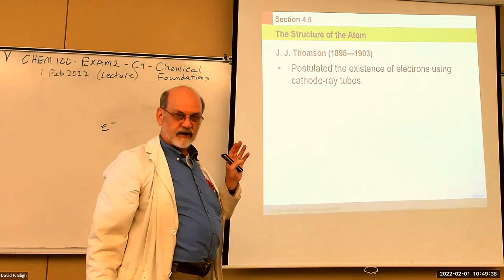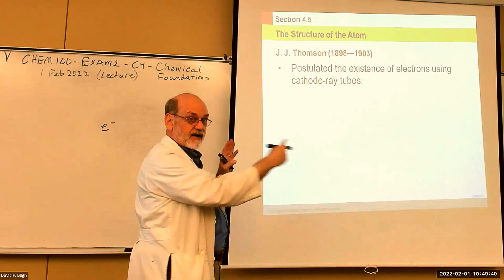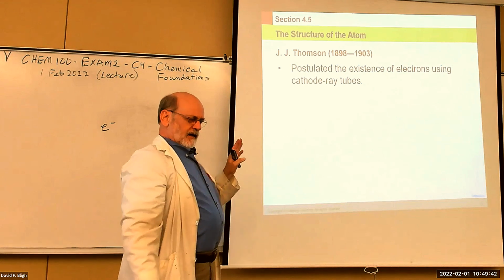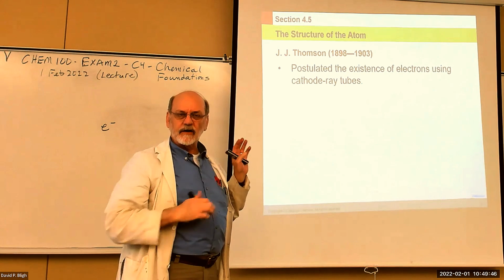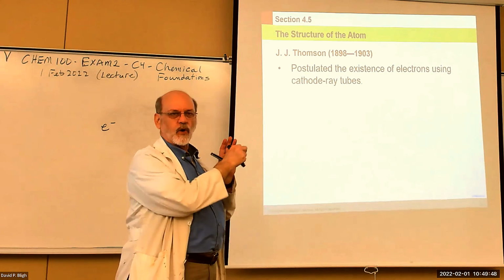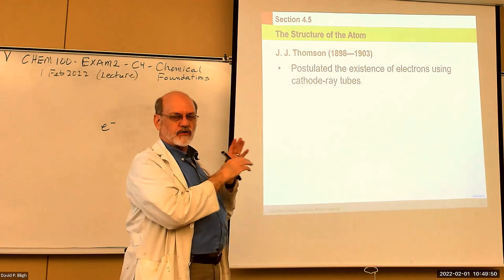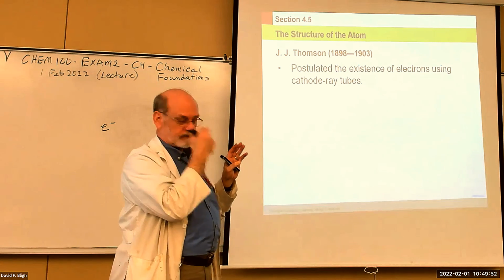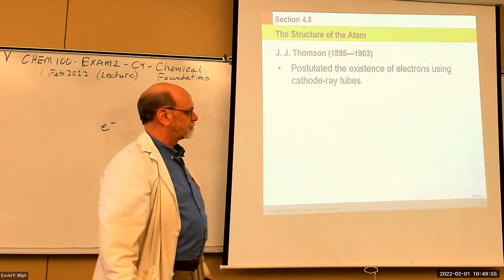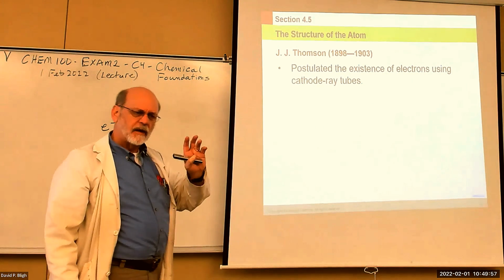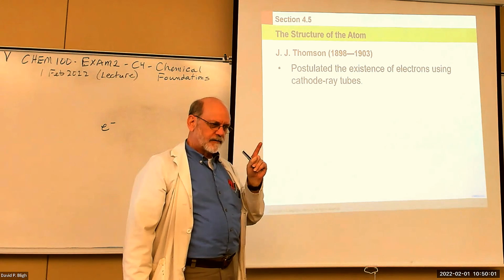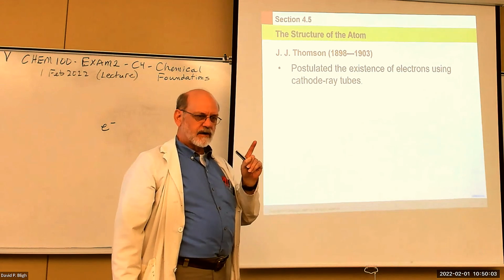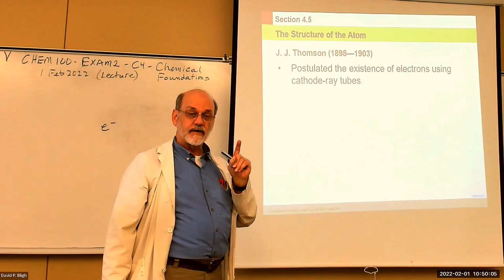So he knew that the particles were negative. They were going from negative to positive. And he could see the beam because there was a rarefied gas in there, very low pressure, not enough to actually quench all the electrons, but to show you their path. And they would go straight from one plate to the other. So he said, okay, I think these are negative particles, and their behavior, I'm convinced, is also negative.